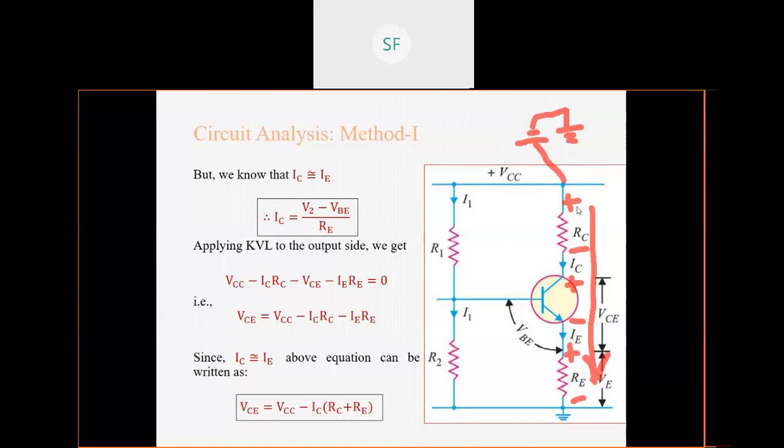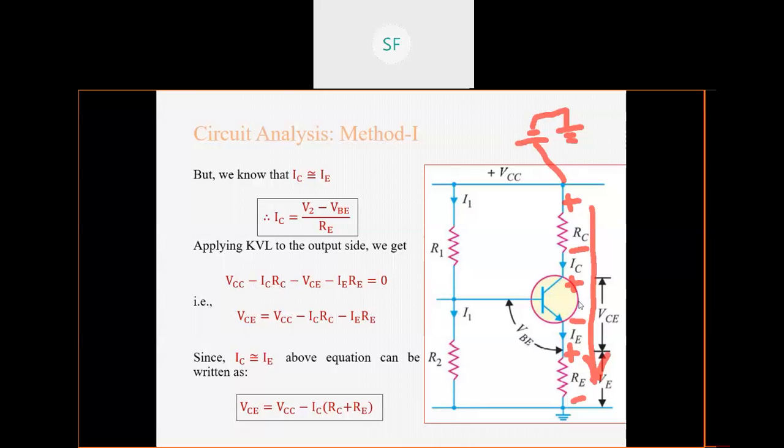Then again drop across RC, in polarity it will be minus, because you have to observe the last sign. प्लस के बाद माइनस आता है, और ये लास्ट sign है because of this direction, we are moving in downward direction, that's why last sign will be minus. So this drop becomes minus ICRC.